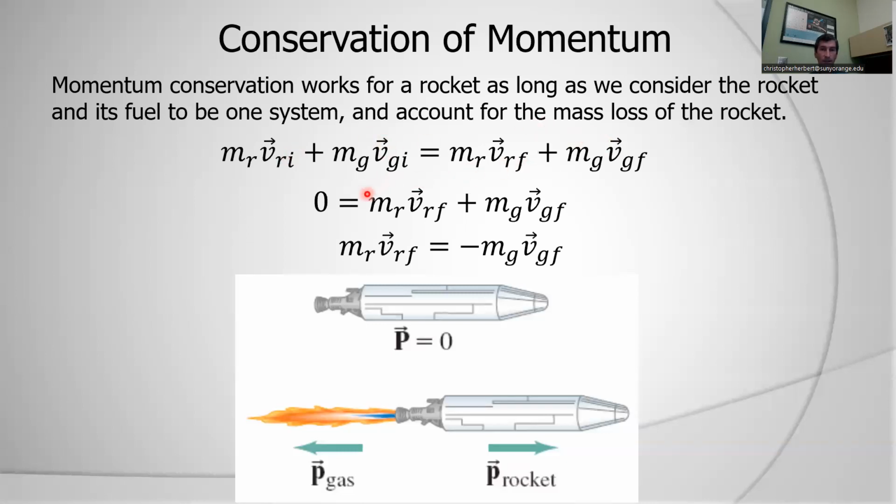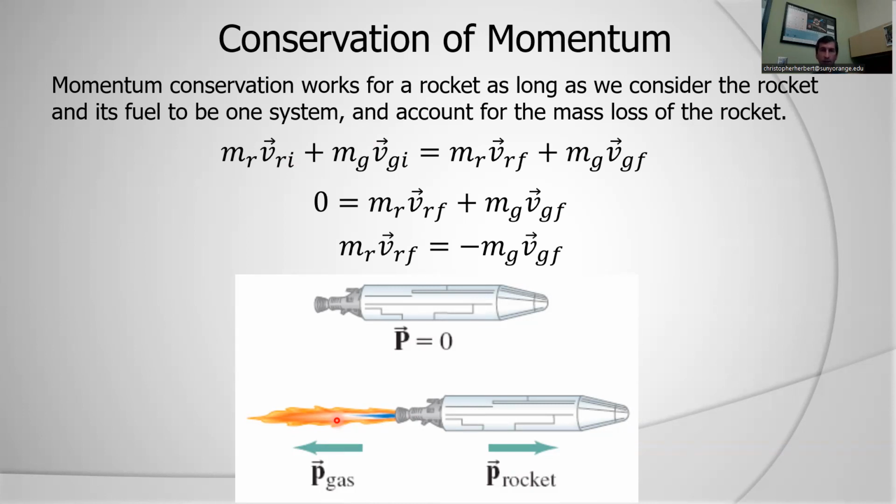But you notice that the forward momentum that the rocket is going to gain is going to be equal and opposite to the gas which is given off by the thrusters. So initially, I start like this. Afterward, my total momentum is still 0, but I can give momentum to the rocket by giving off gas in the opposite direction. And this superheated gas, the hotter it is, the more momentum I'm going to have per kilogram of fuel that I expend.